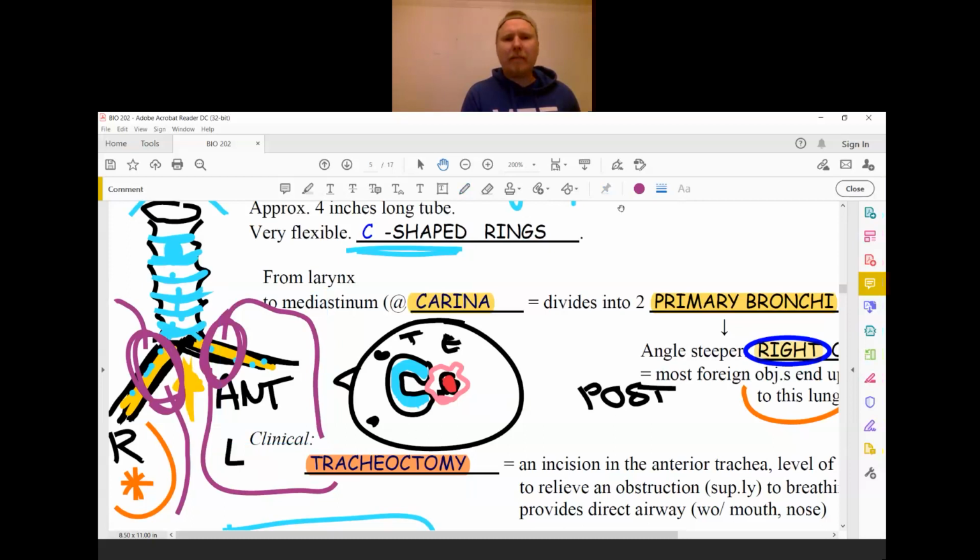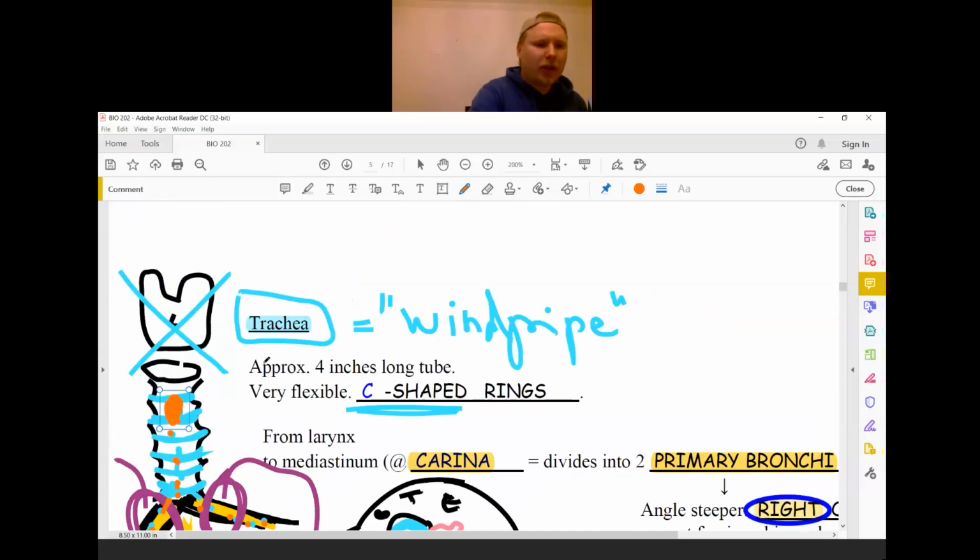And I'm just going to add the correct color here for the tracheotomy, and how I spoke about the air passing in. There was a blockage here.